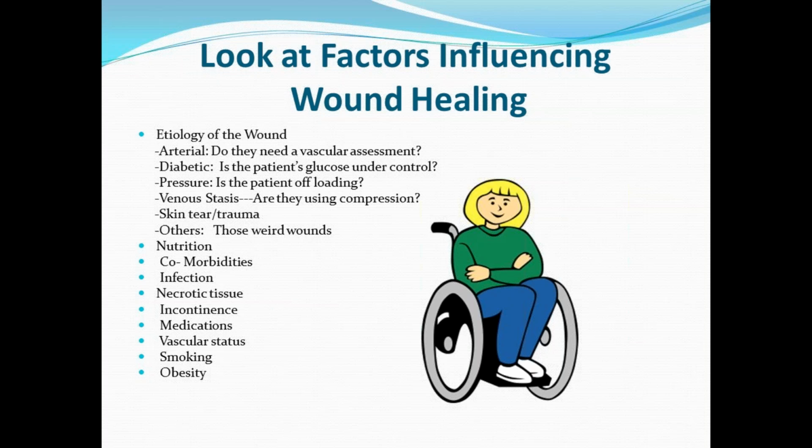Or they have any number of the major inflammatory conditions, some of which I just listed, and others being things like ulcerative colitis or Crohn's. All of these diseases are going to interfere with wound healing because they are inflammatory diseases.